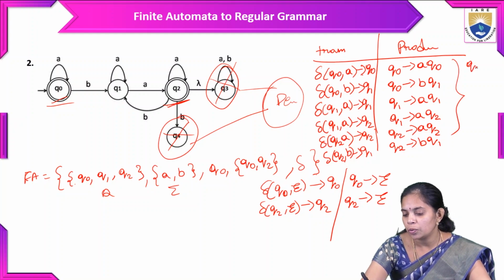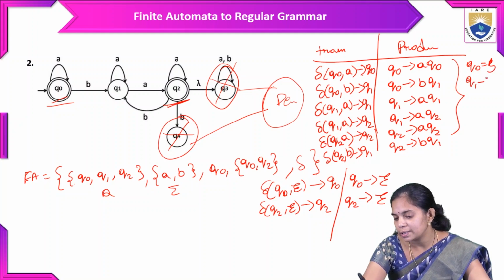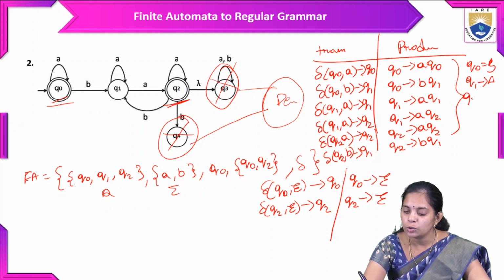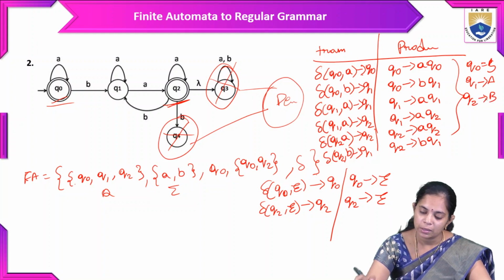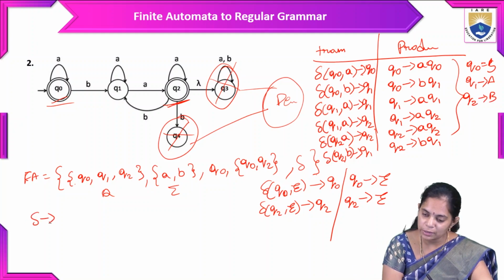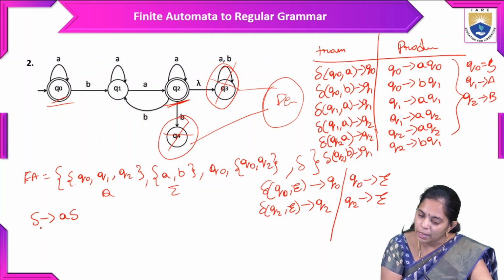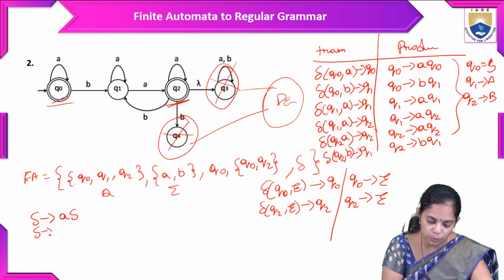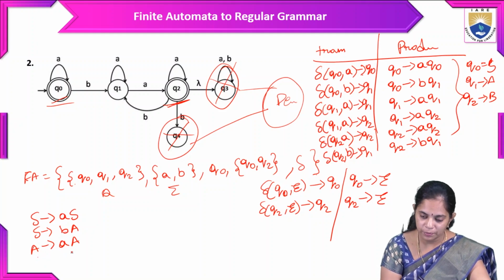Let me write Q naught as S, Q1 as A, and Q2 as B. So here we write S tends to A S, and next S tends to B A, and A tends to A A, and later we will summarize.